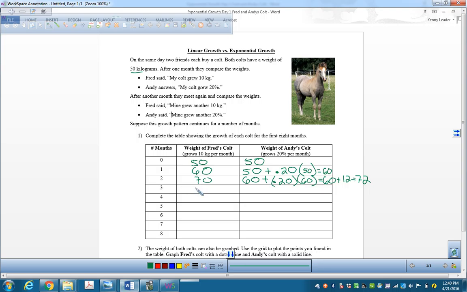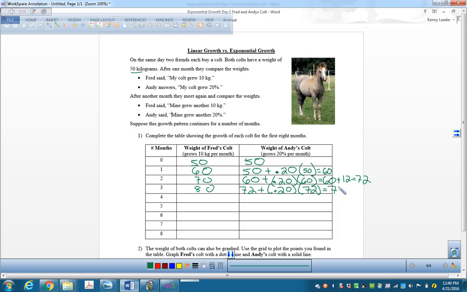How much does Fred's colt weigh in the third month? 80. How much does Andy's colt weigh? 72 plus what? 0.2 times what? 72, which is equal to what? 14.4.